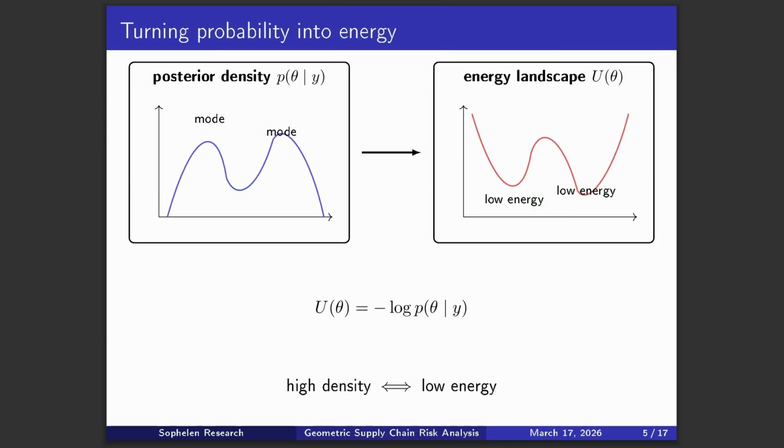So, for us to use various methods from Monte Carlo, what we do is that we would take the density function and turn it upside down. The reason we do that is so that we turn that into something physical. And in the physical realm, we can talk about potential energy and kinetic energy.